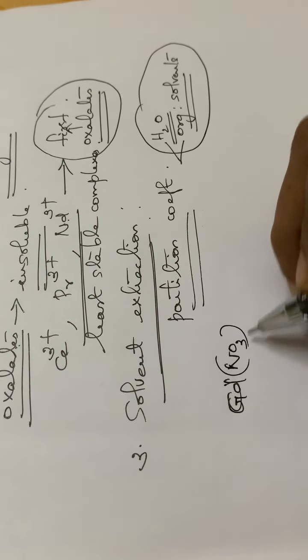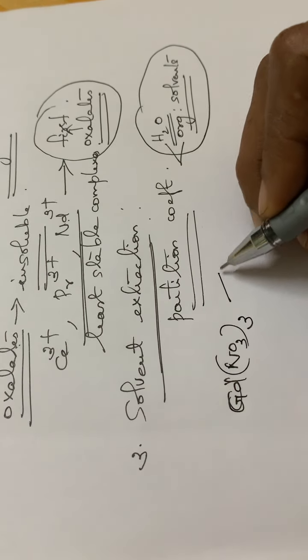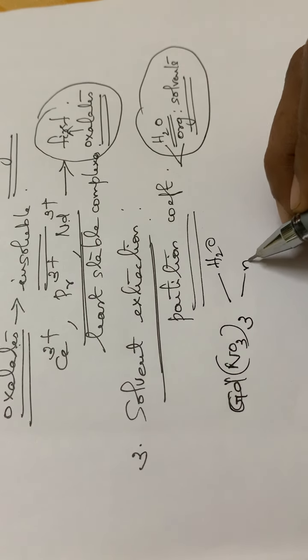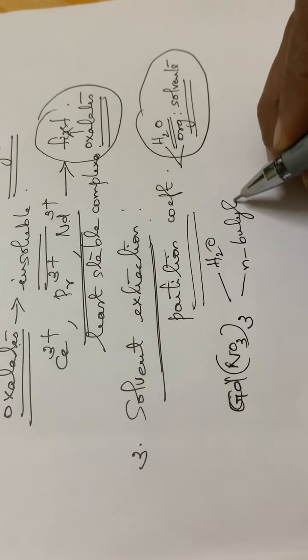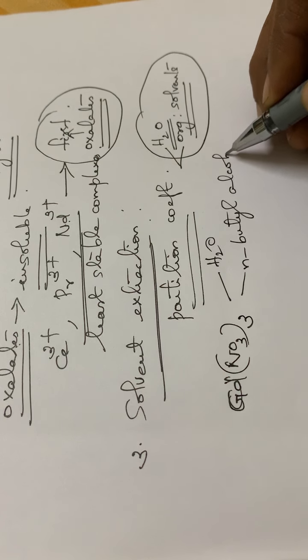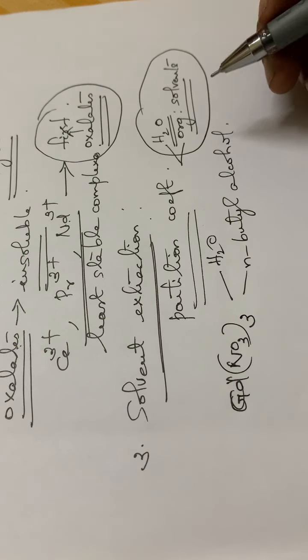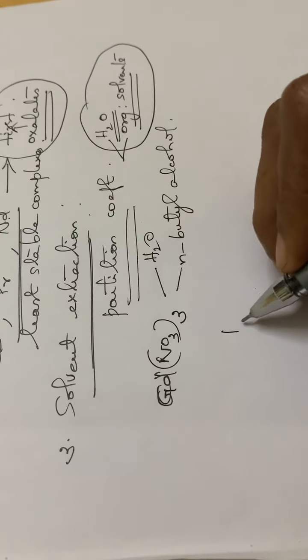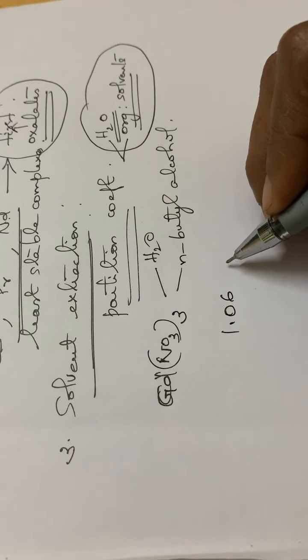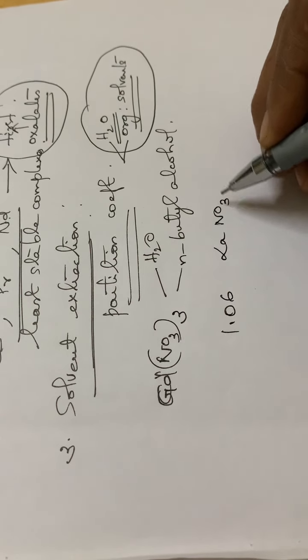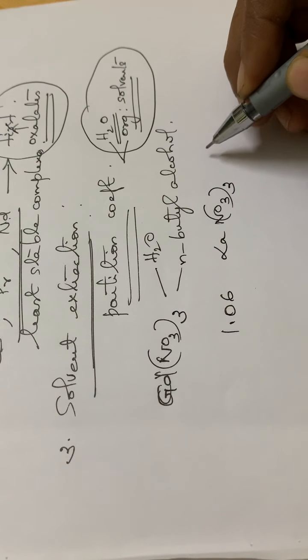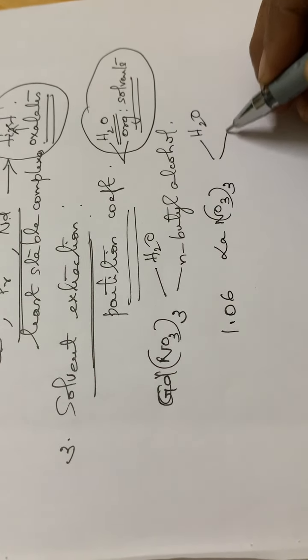The partition coefficient of gadolinium nitrate, Gd(NO3)3, in water and N-butyl alcohol is about 1.06 times greater than that of lanthanum nitrate, La(NO3)3.